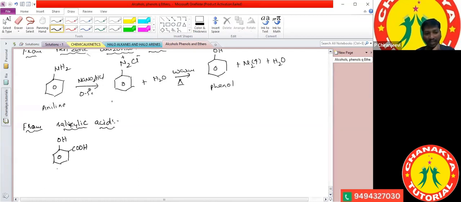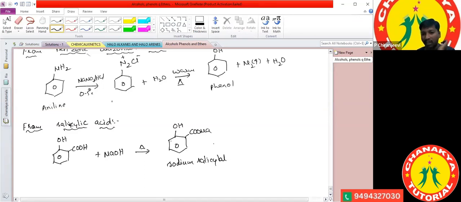First, the salicylic acid is treated with sodium hydroxide. If it is treated with sodium hydroxide, it forms sodium salicylate. So what is the reaction intermediate here? It forms sodium salicylate.